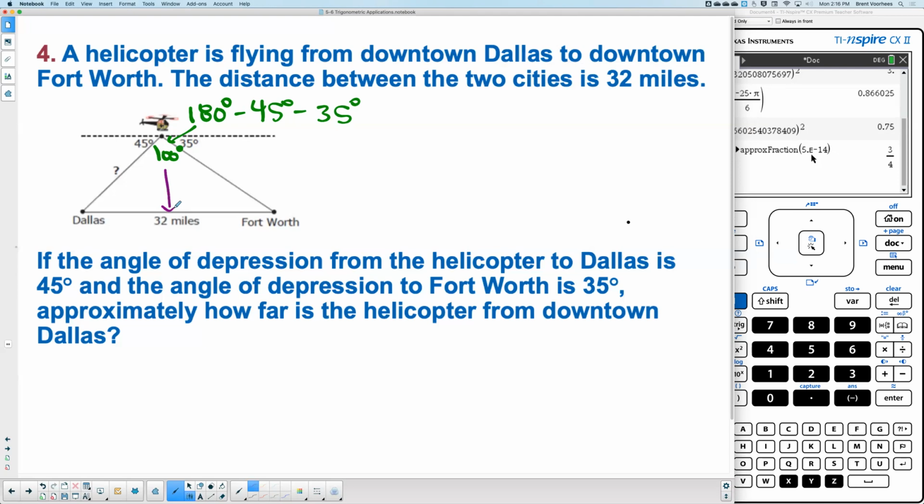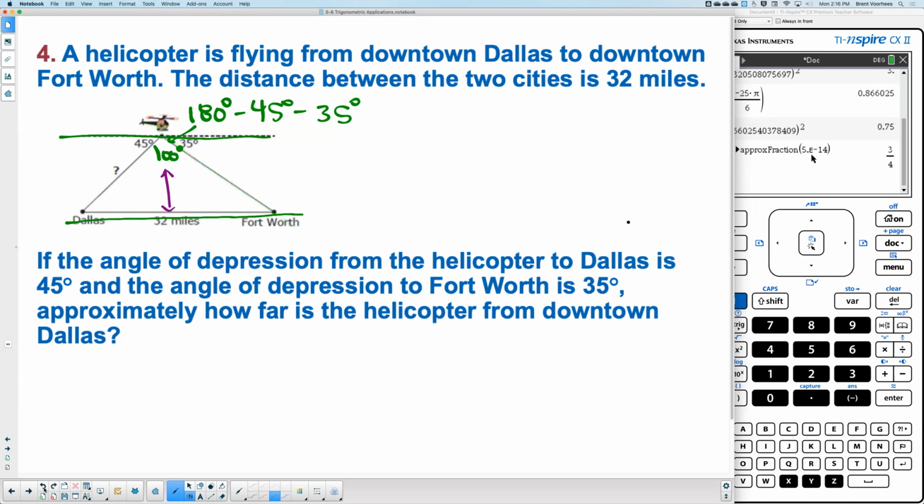We have a completed set. We have 100 degrees across from 32. Now, to actually solve the rest of this, we need to come up with one more angle. So I have 100 degrees here. Do I just take the leftover 80 and divide by 2 for those two angles? No. That's a geometry rule. I have a parallel line here and here, and we have what's called the transversal connecting them.